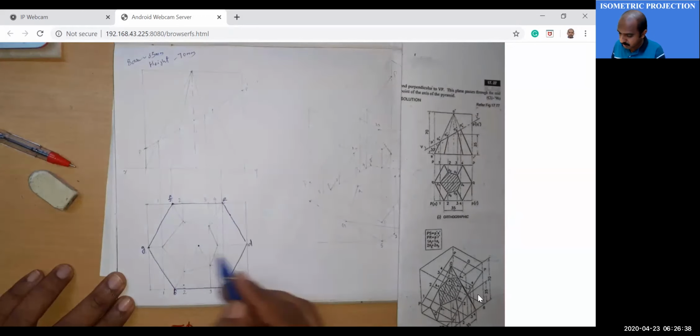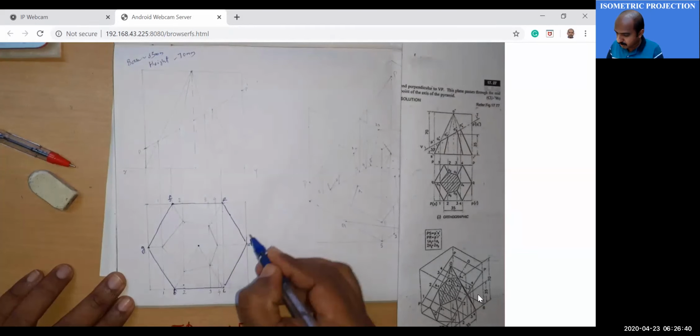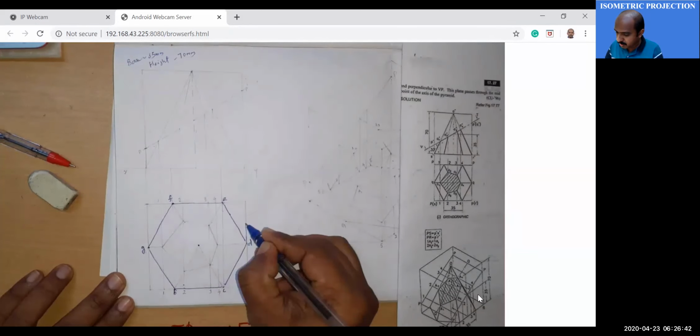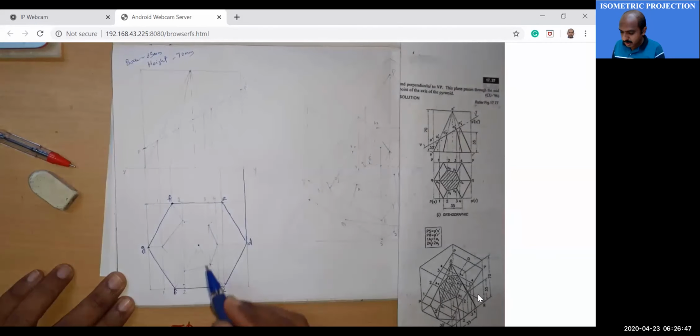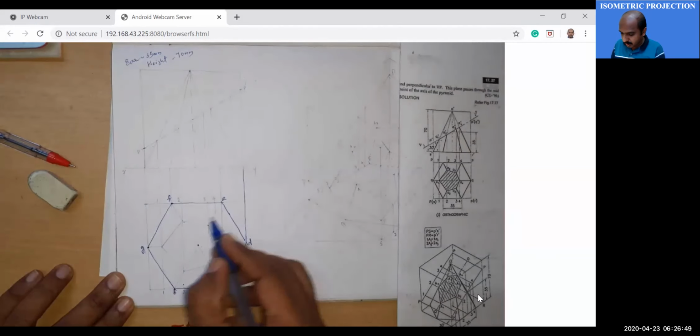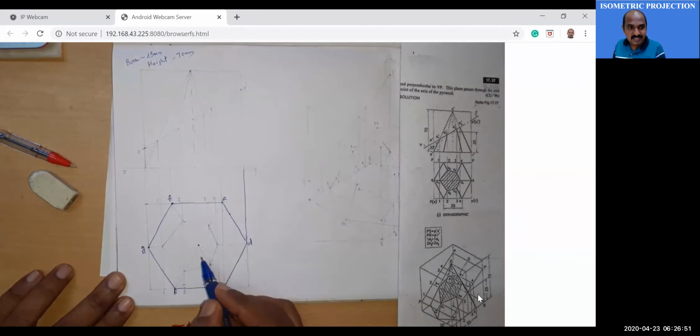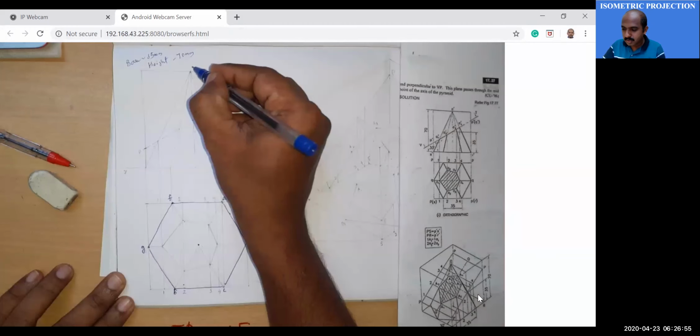Now you project from each point. For the time being, I am not drawing the edges. Suppose the apex is O, O dash in the front view, and O in the top view.